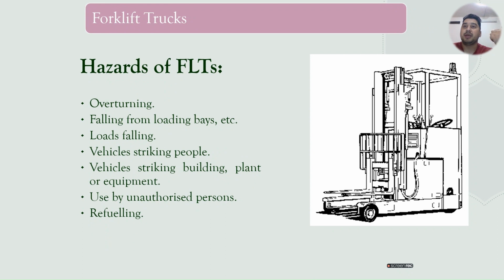So the hazards of forklift trucks: overturning, falling from loading bays, etc. Loads falling if the load is not stable or not kept properly on the forklift truck. Vehicle striking people, vehicle striking buildings, plant, or equipment. Use by an unauthorized person if they are not trained, and refueling related to fuel hazards.